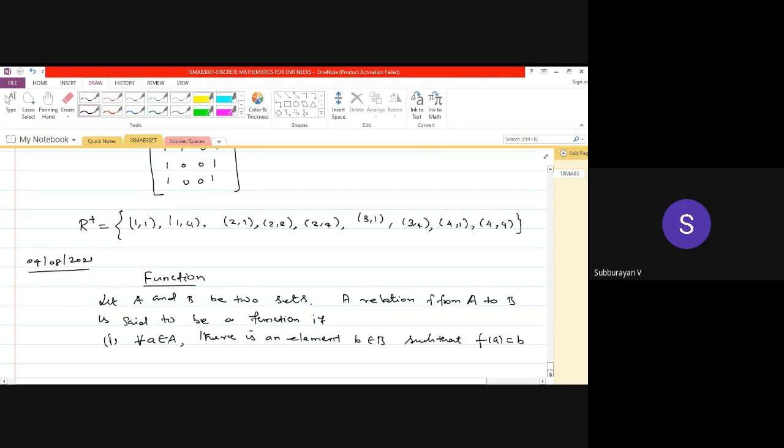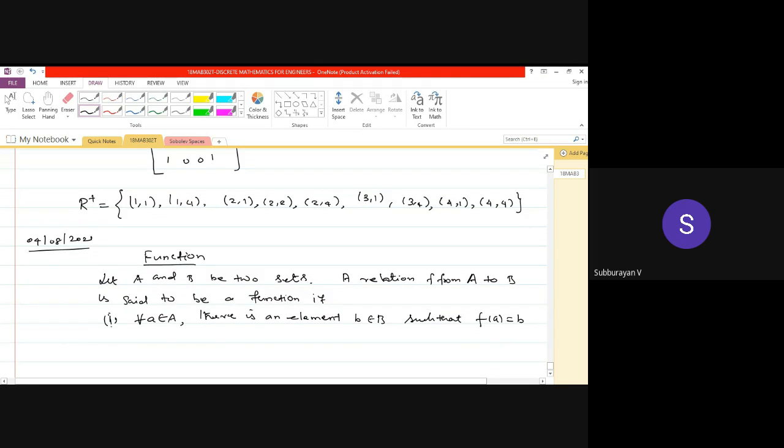f of a equals b. Second one is: suppose a1 equals a2, where a1, a2 belong to A, then f of a1 should be equal to f of a2.